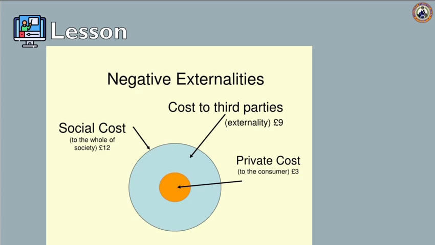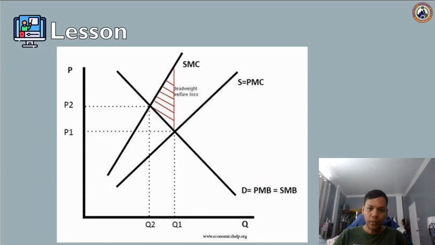Okay. So for example, this one, the private costs to the consumer, and we have the social costs. So it affects the third parties. So now we will discuss the negative externality in the area of production. For example, a certain business making furniture by cutting down trees in the Cordillera leads to negative externalities to other people.